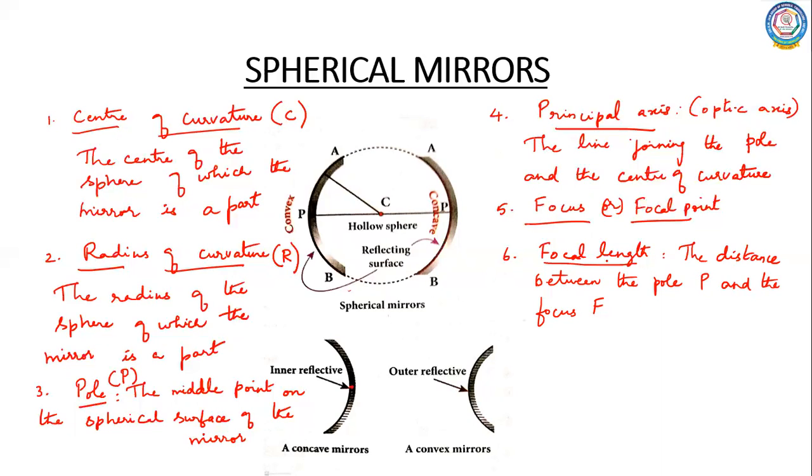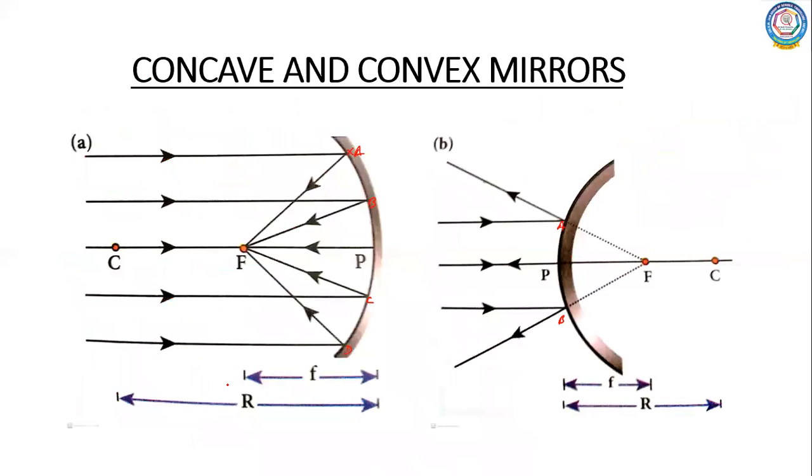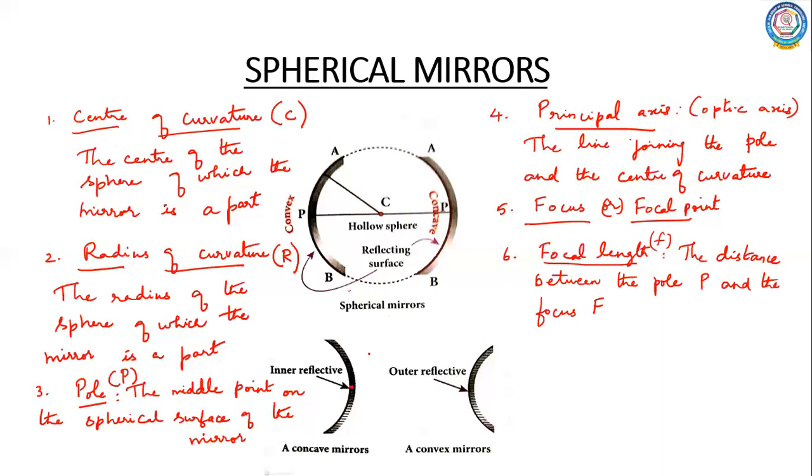This is represented as small f. Look at this diagram. This is the focal length. Is it clear? And the last term is focal plane.